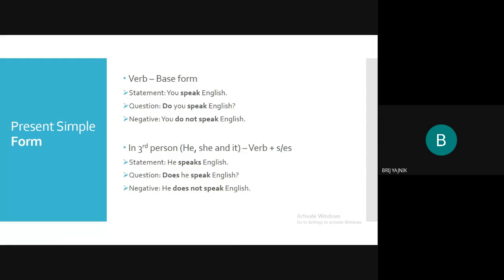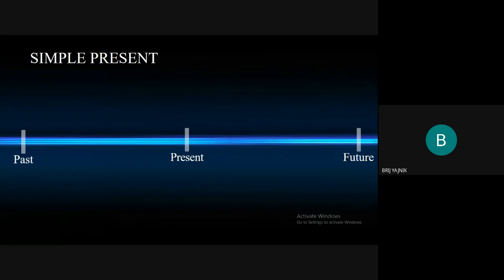Now, let's understand how specifically we can use this tense in different ways. So let me take you to the timeline. Now, when I take you to the timeline, this is not a tense, all right? This is a timeline: present, past, and future. Whatever happens, whatever you speak, is there on this timeline in English, right? So let me show you the first action.